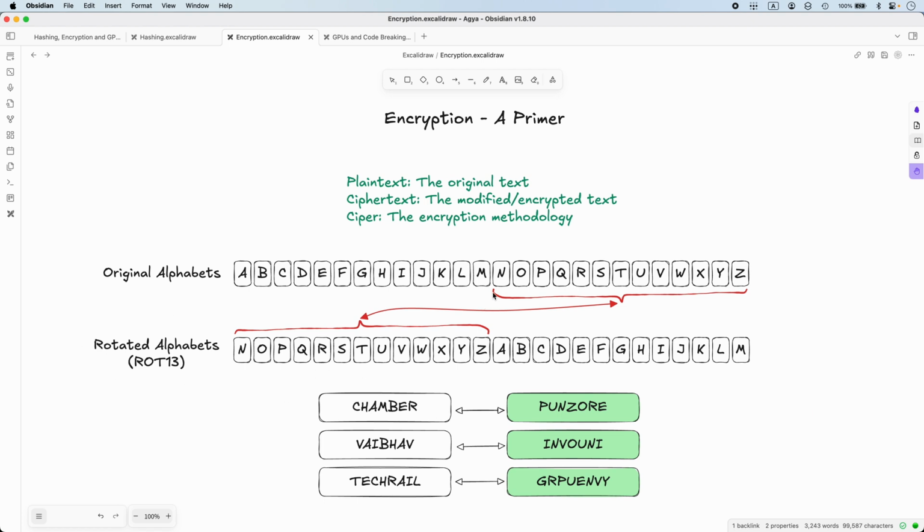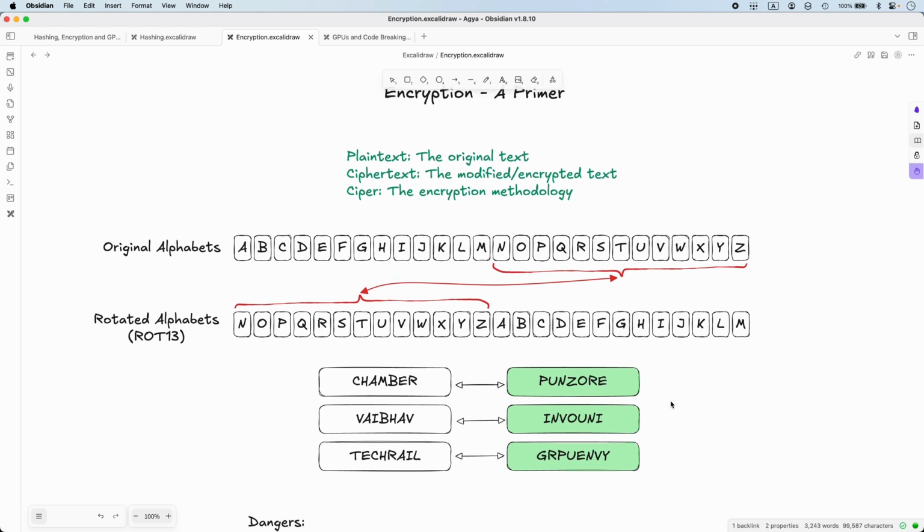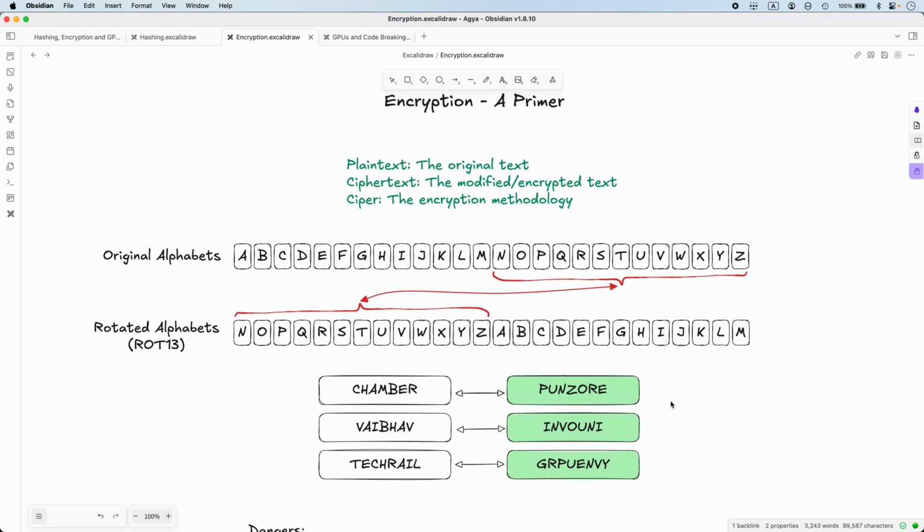What this algorithm says is, let's take the last 13 and basically rotate the entire alphabet by 13. What that effectively does is you will get the last sequence in the beginning and the first one in the last. This is enough to make your mind spin, even with simple words.